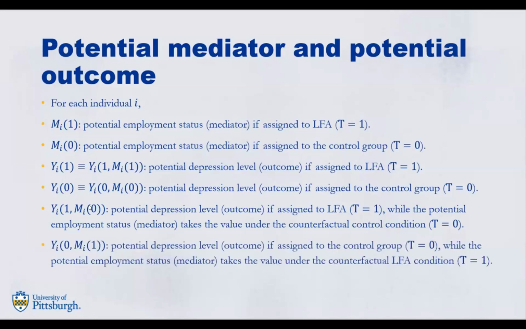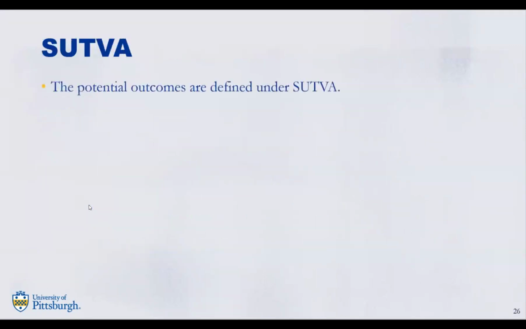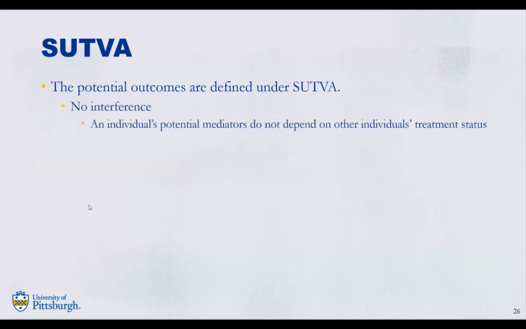And similarly, we can define Y_i(0, M_i(1)), which is the potential outcome if i was assigned to the control group, while the potential mediator takes the value under the counterfactual LFA condition. And these potential mediators and potential outcomes are defined under the SUTVA assumption, which is the stable unit treatment value assumption, including no interference.